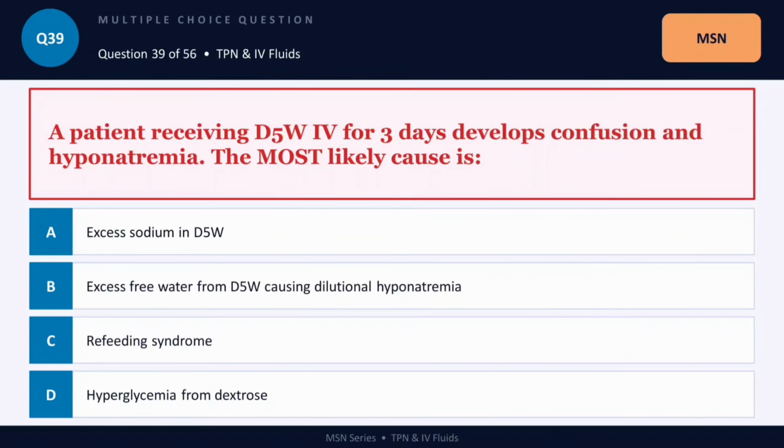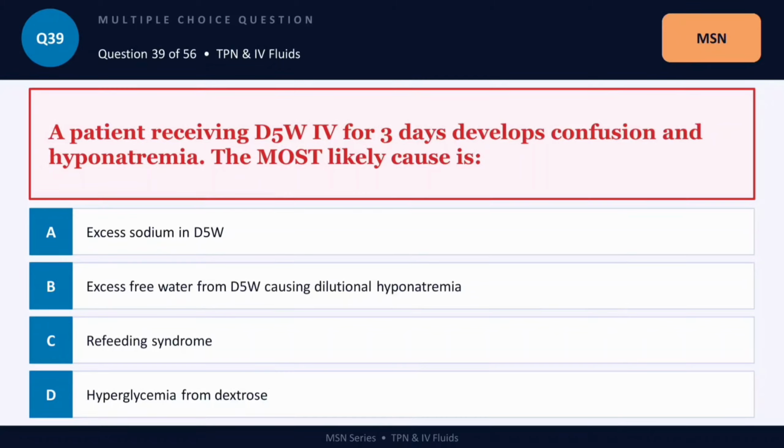Question number 39. A patient receiving 5% dextrose in water IV for 3 days develops confusion and hyponatremia. The most likely cause is: Option A, excess sodium in 5% dextrose in water.